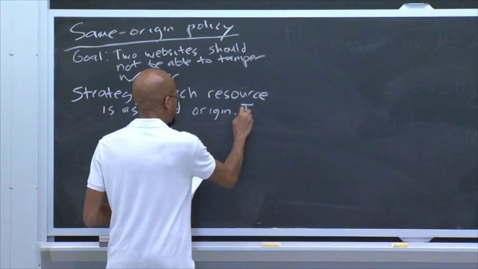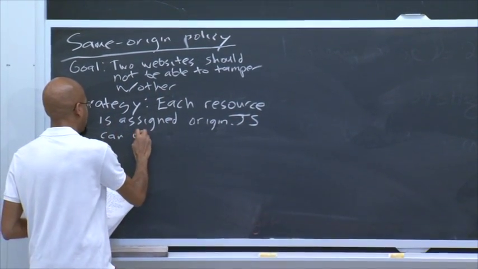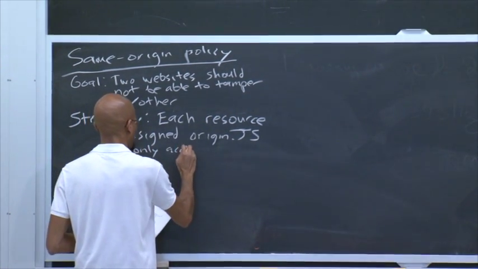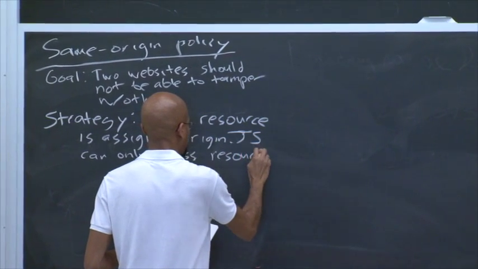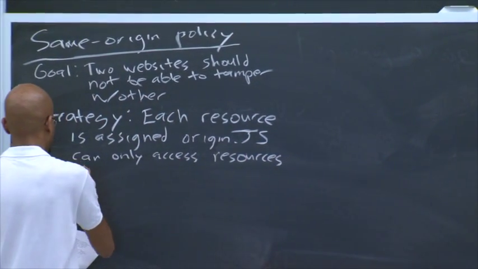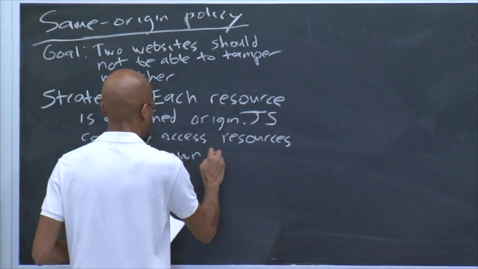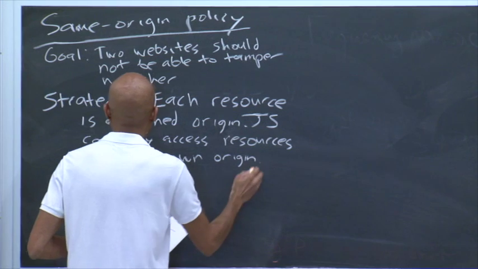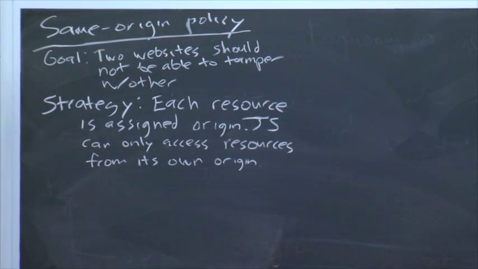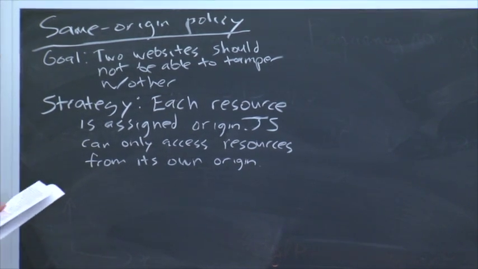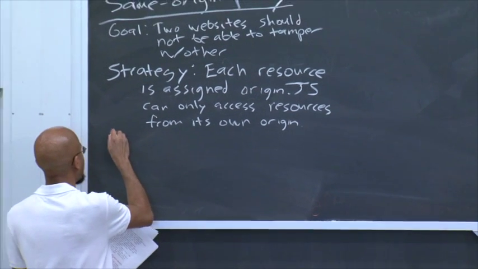And essentially, JavaScript code can only access resources from its own origin. So this is the high-level strategy the same origin policy uses, but the devil's in the details. And there's just a ton of exceptions, which we're going to look into in a second. But first of all, before we proceed, let's define what an origin is.